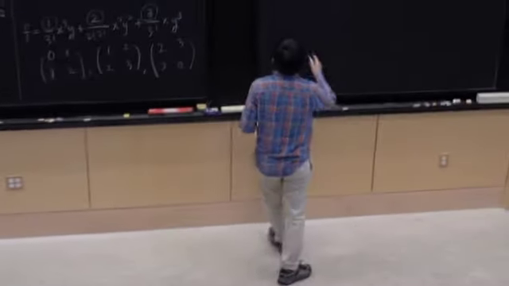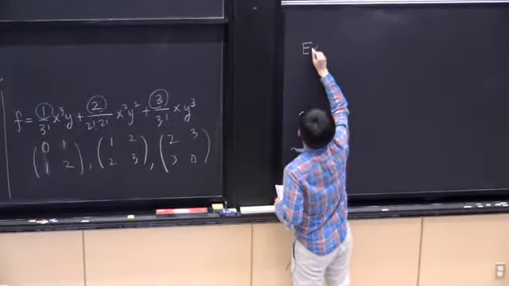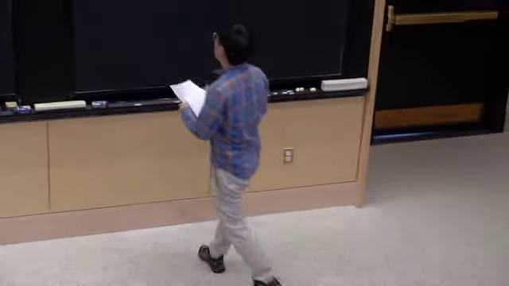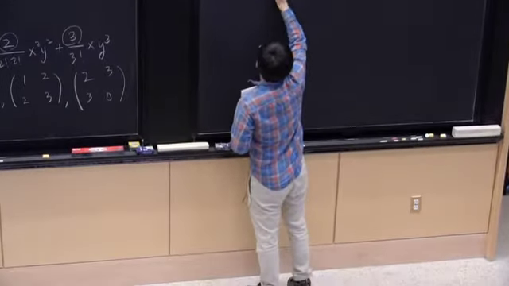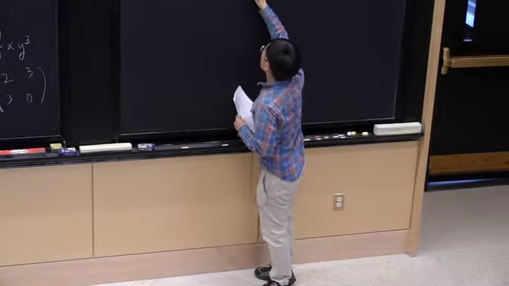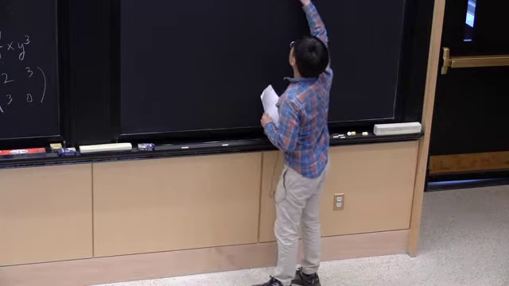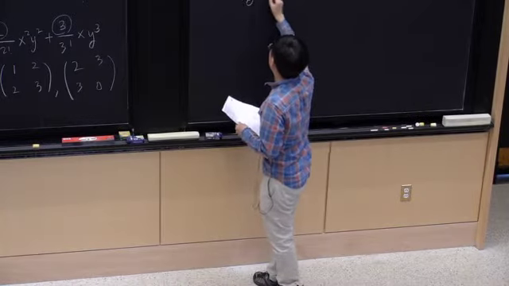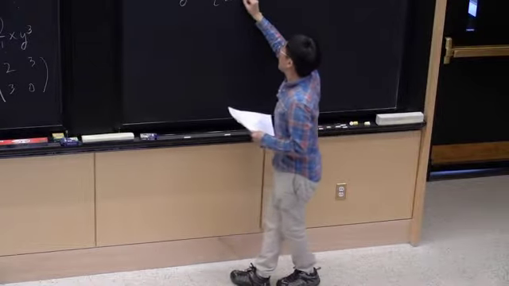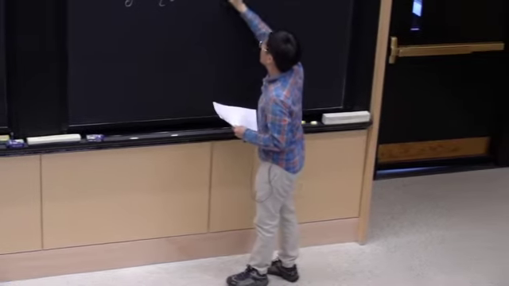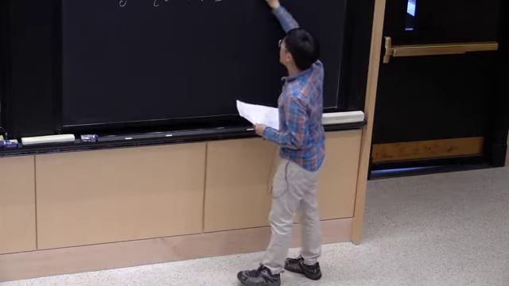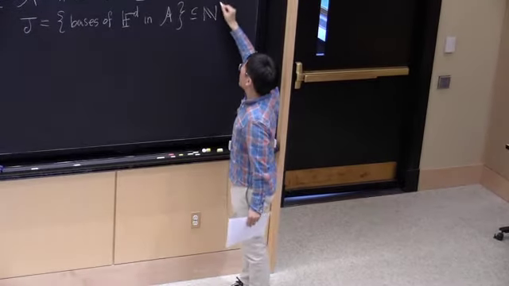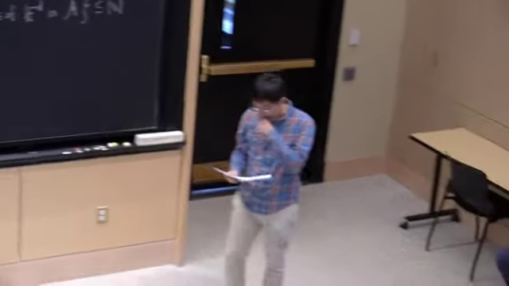So let me try to convince you that checking the Lorentzian property is far easier than log concavity by showing you another example. So let's say you have n vectors in some d-dimensional vector space. And let's say you have a J, which is the collection of bases of your vector space that's contained in A, that entirely consists of vectors in A, viewed as 0, 1 vectors in R to the n.